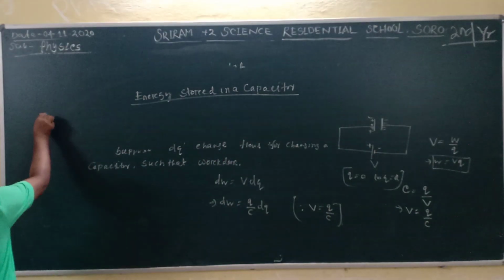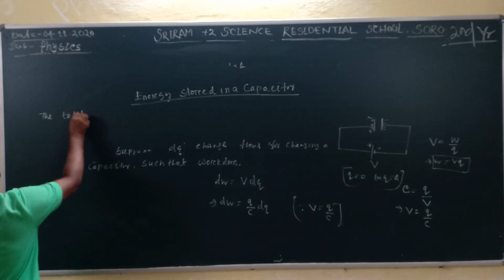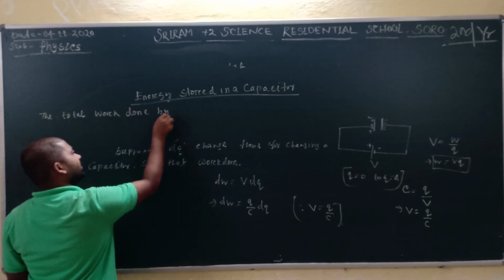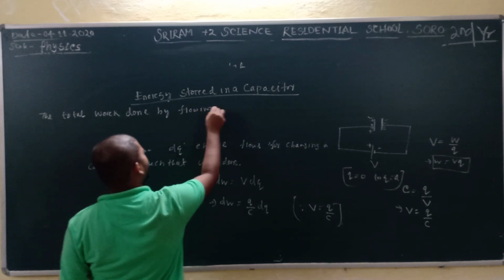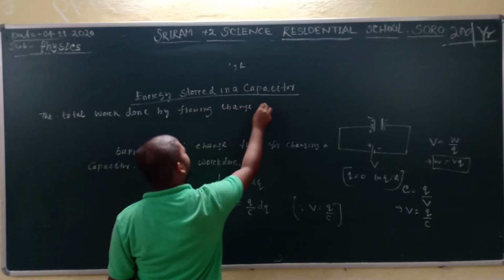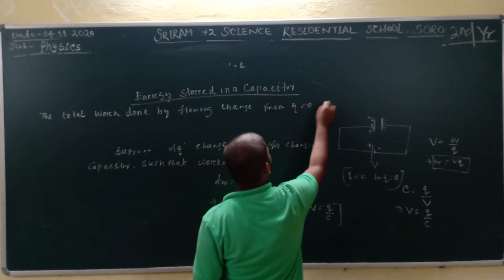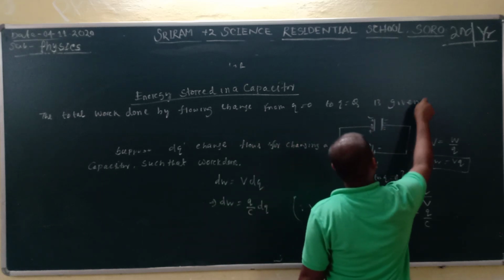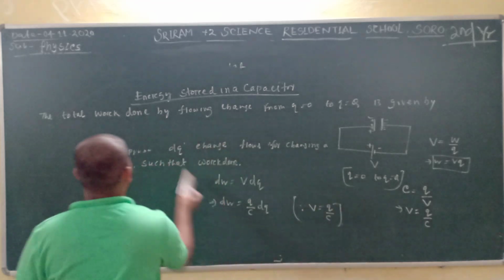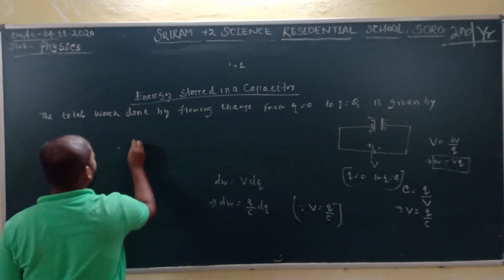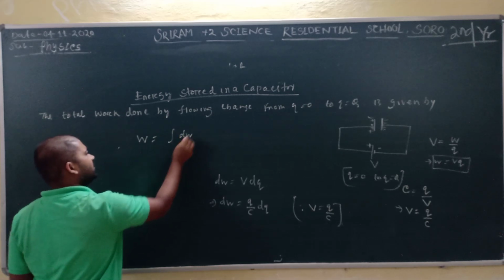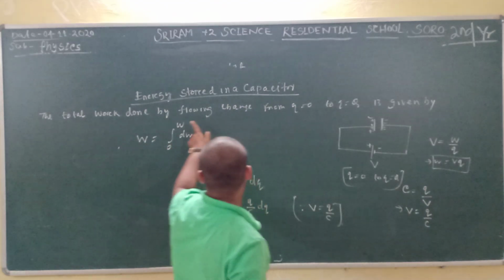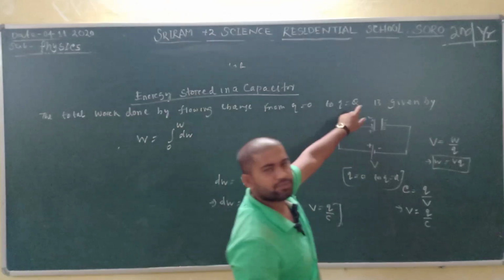The total work done by flowing the charge from Q equals 0 to Q equals capital Q is given by W equals the integration of dW from 0 to W, where 0 is the work done when there is no flow of charge, and W is the work done when we flow capital Q amount of charge.